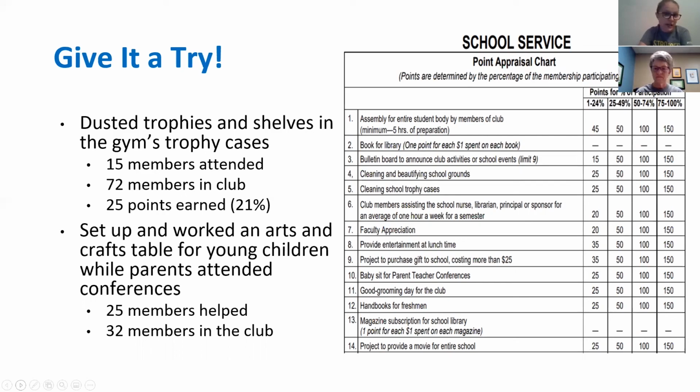And you should get 78%. So you'll look, and that is from the 75 to 100% range, which means you will earn 150 points for that activity. You can see why the more club participation you have, the more points you get, and you definitely want that. Now, like Trish said, not everything will be on these appraisal charts.